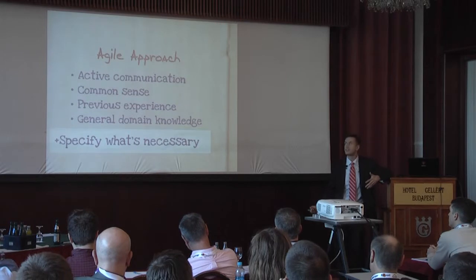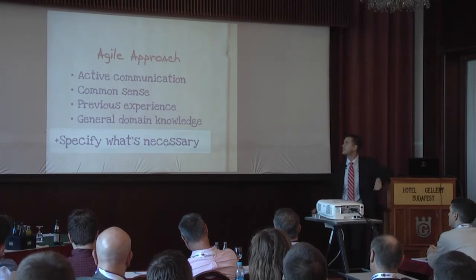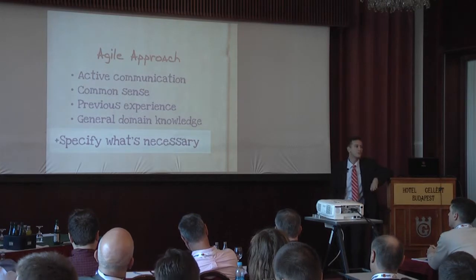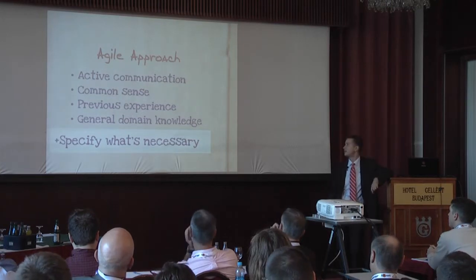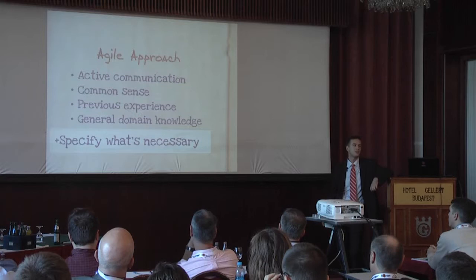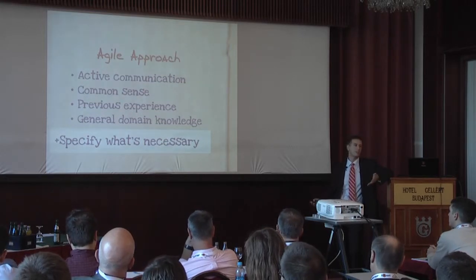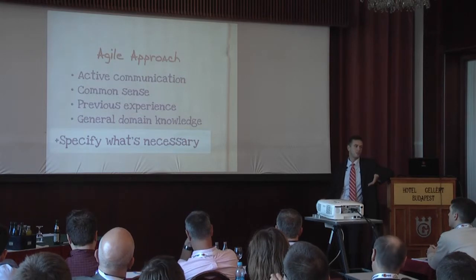Agile methodologies really bring attention to these parts. And of course, it's not forbidden at all to do detailed specification. But the main idea is not to specify everything to every possible detail, but just specify what's necessary, right?